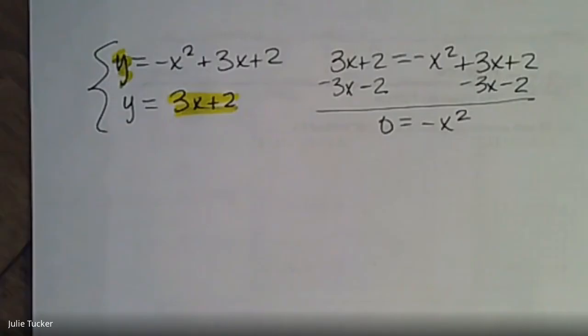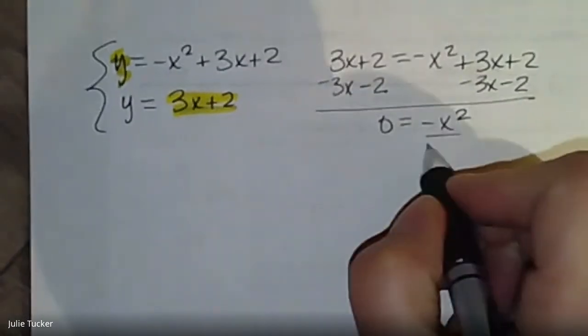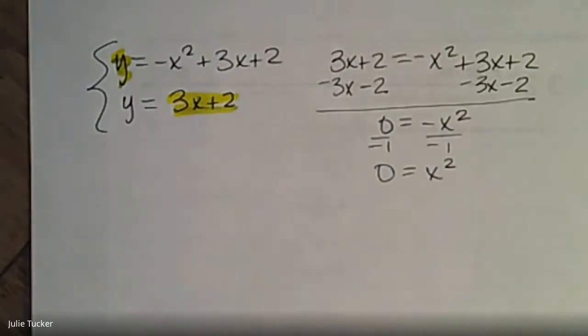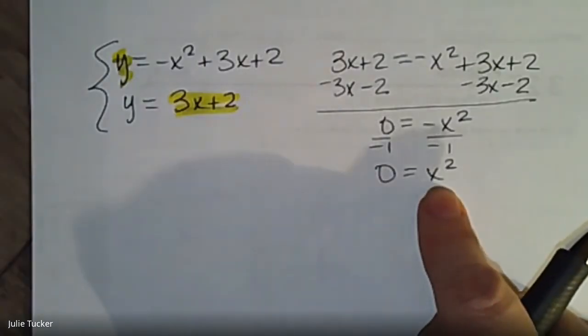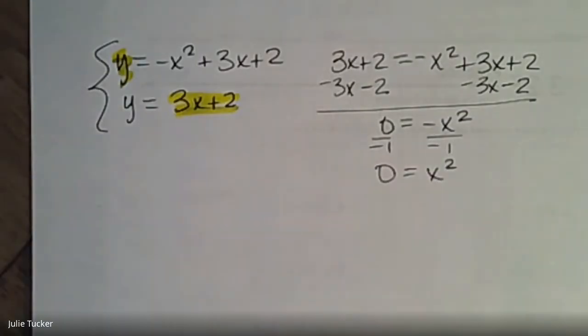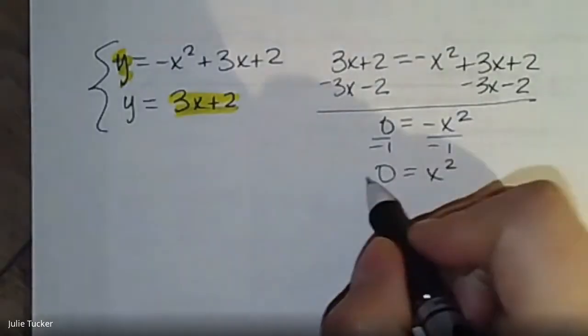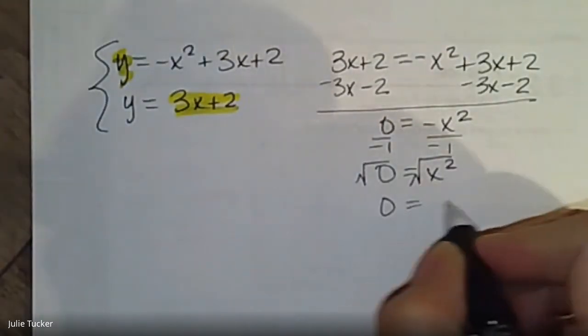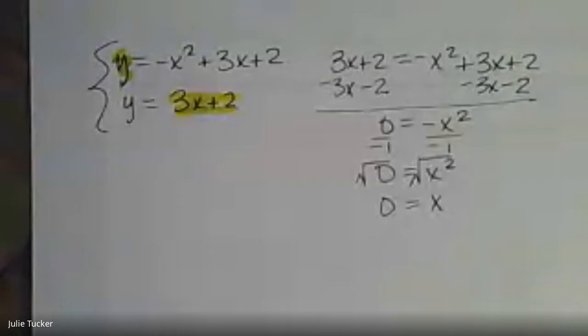So then to solve this, you would have to divide off the negative 1, which is still 0. And what is the opposite of squaring something? Nice job, Connor. So the square root of 0 is still 0. So you get x equals 0.